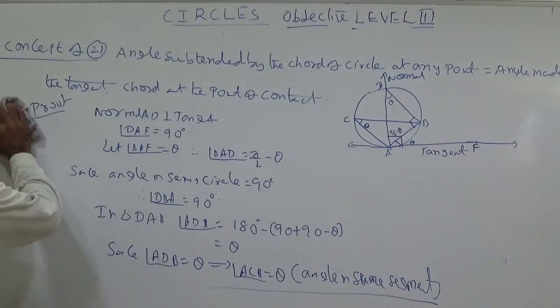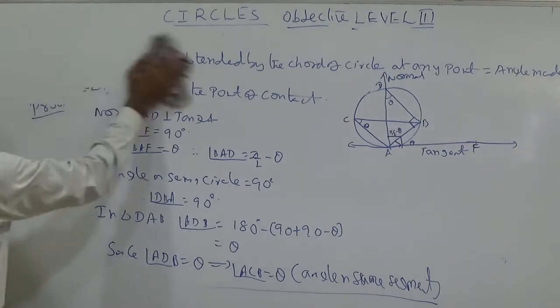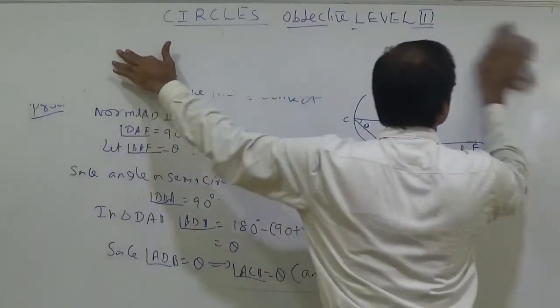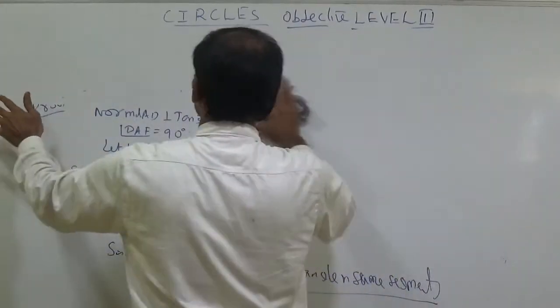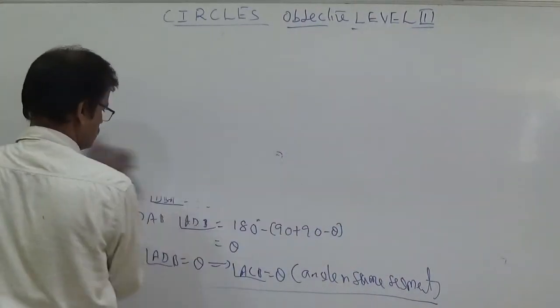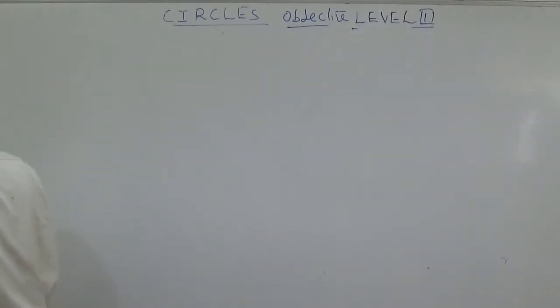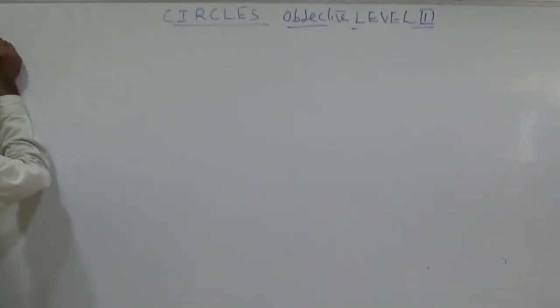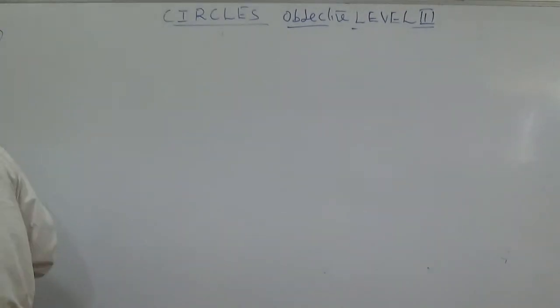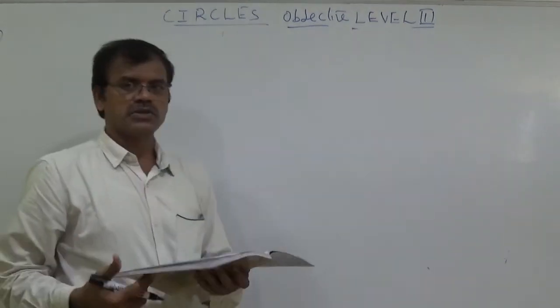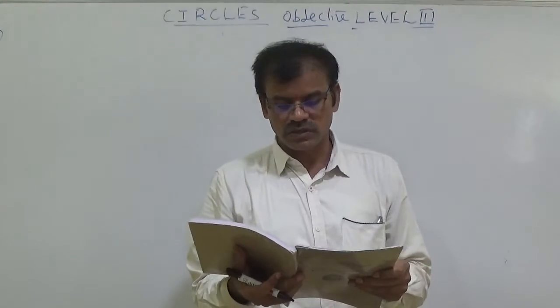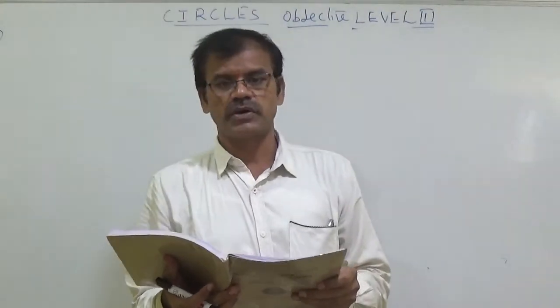Now let us discuss the 21st question. Observe that the circle x square plus y square minus 4x minus 6y equal to 0 passes through the origin.